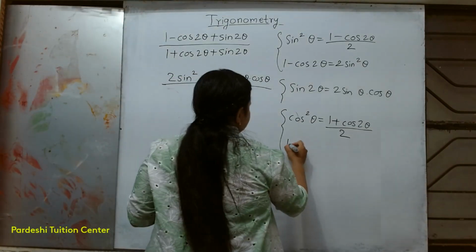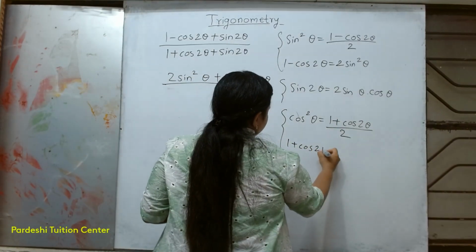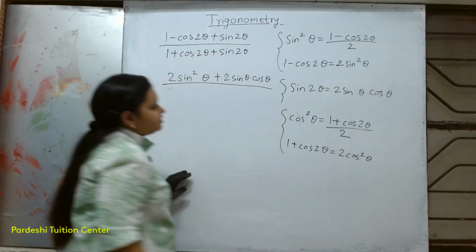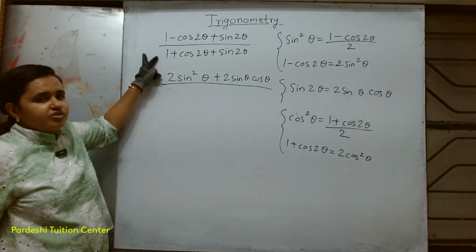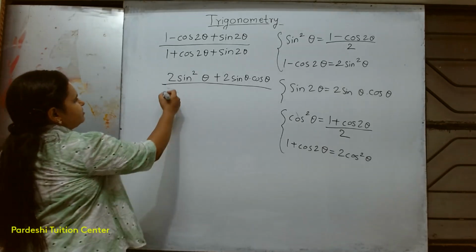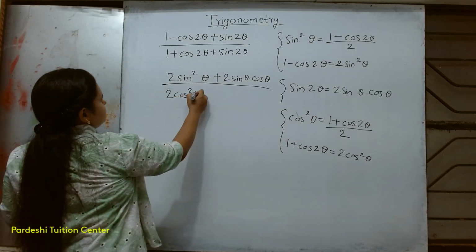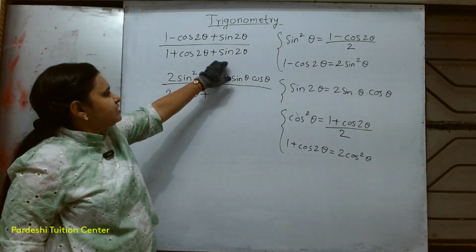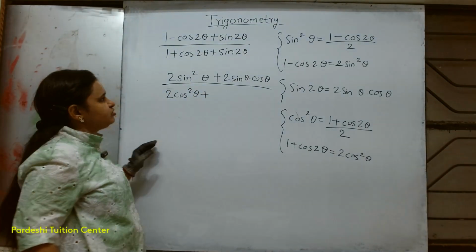So 1 plus cos 2 theta equals 2 cos square theta. So we can write in place of 1 plus cos 2 theta, 2 cos square theta, plus, again sin 2 theta. In place of sin 2 theta we can write 2 sin theta cos theta.